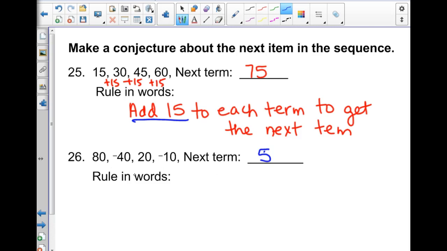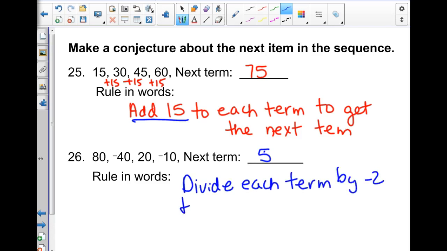Now, the rule in terms, you need to say divide each term by -2 to get the next term. And actually, if you wanted to really tell somebody how to generate this list, you'd say start with 80 and divide by -2 to get each next term.